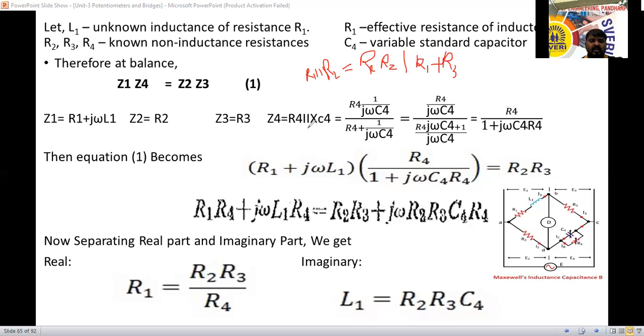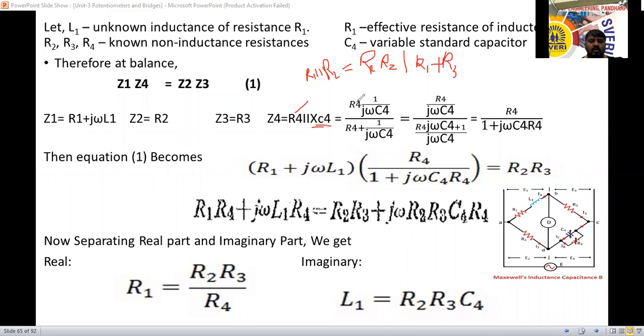R4 and XC4 are in parallel here now. R4 into XC4 divided by R4 plus XC4 you have to write down here. XC4 is nothing but 1 by J omega C4. We can write like this.